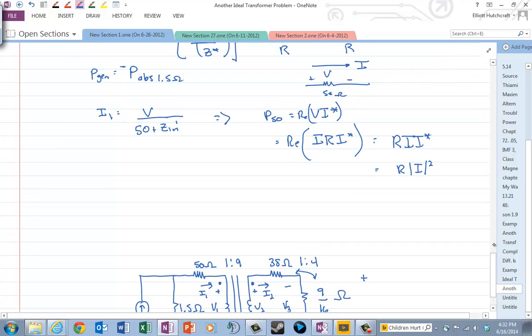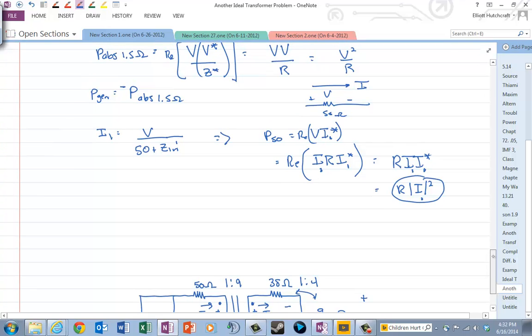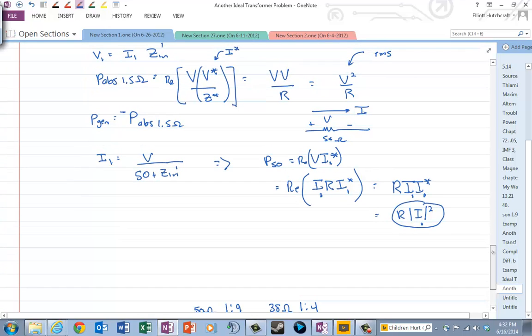So this is the magnitude of I1 squared, and of course we're used to I1 squared R. I1 squared is the same as the magnitude of I1 squared here, since it's a purely real number. But to be honest, I like this form right here a little bit better, even though it results in the same thing for this problem. Okay, so we've got that.